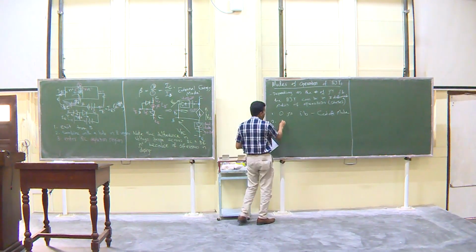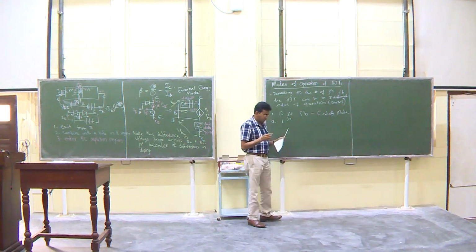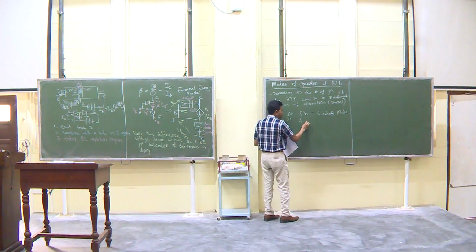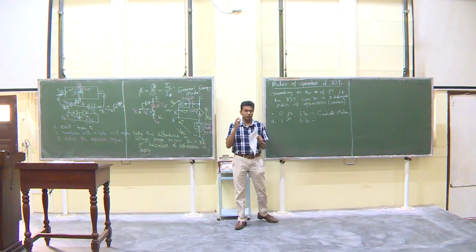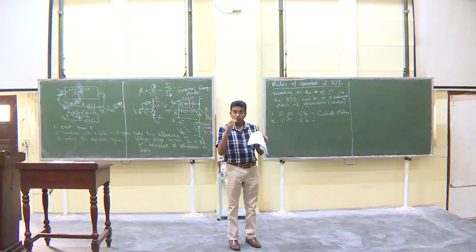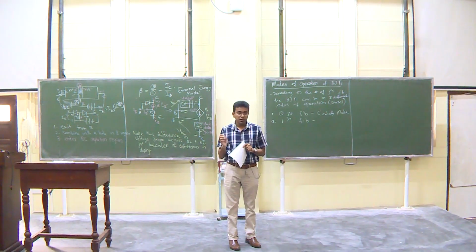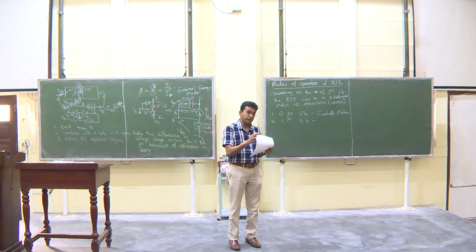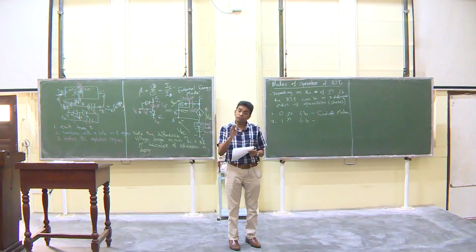Second, only one junction forward biased. Typically, that is the base emitter junction. There are two junctions, base emitter and base collector. The way the transistor is designed, we expect the base emitter junction to be forward biased, which means the base collector junction should be reverse biased.